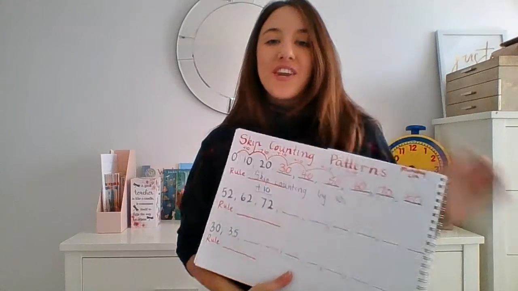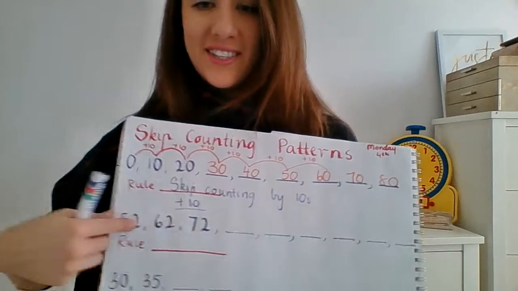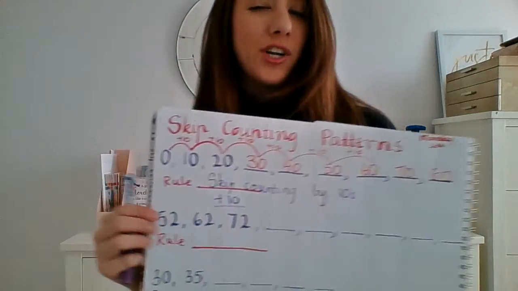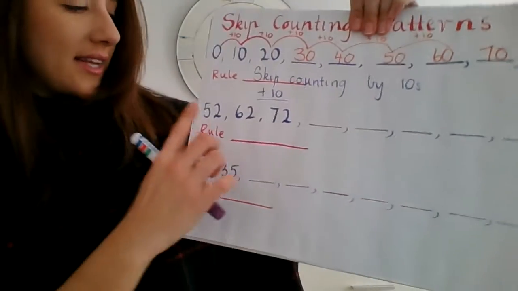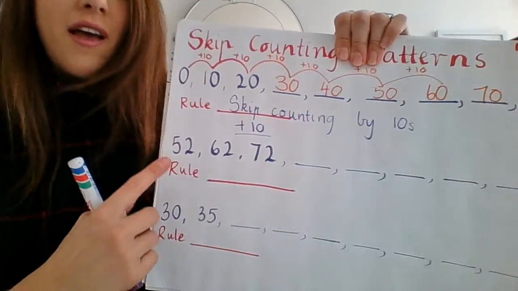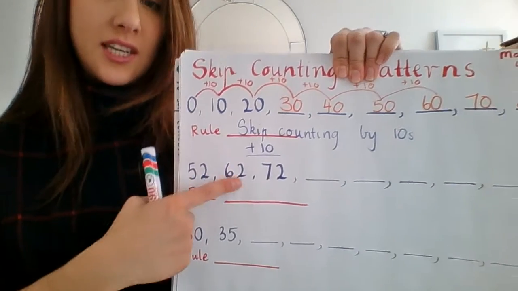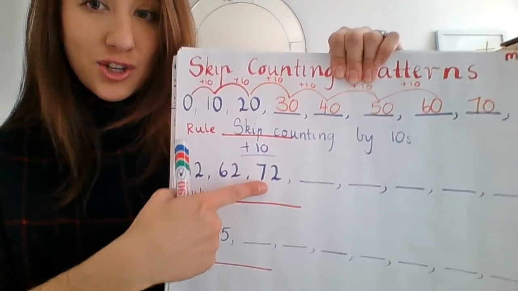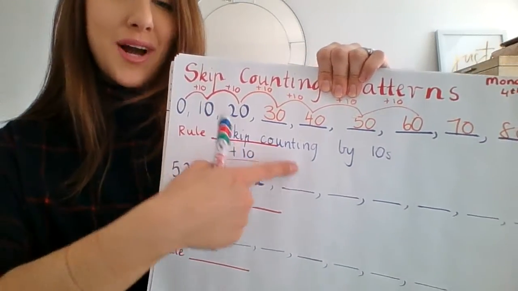Let's see what the next skip counting pattern is counting by. This looks tricky. Let's say the numbers first because we might be able to hear the pattern straight away. 52, 62, 72. I want you to think about what would come next.